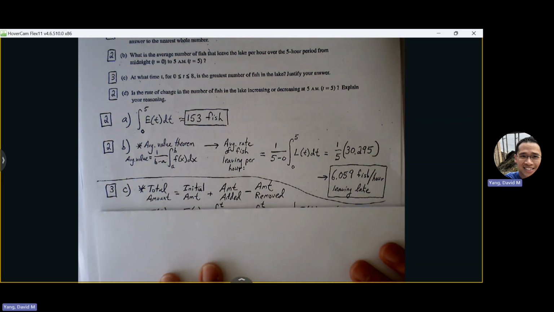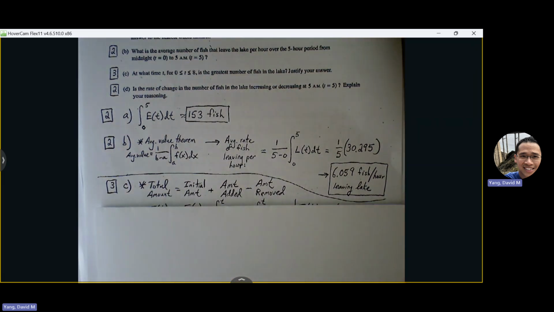But first things first, let's build out our formula that will tell us the number of fish at any moment in time. So this is a rate in, rate out problem. This is a formula that we can expect to see in these types of problems. So the idea is that the total amount that I'm looking for is equal to the initial amount, or the given amount, plus however much has been added in that time period, minus how much has been removed in that time period.